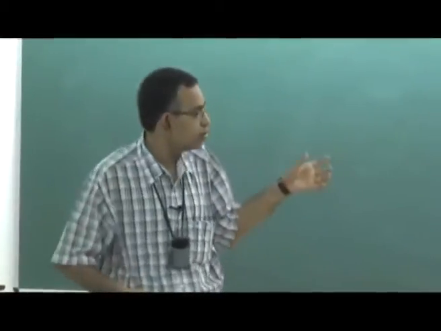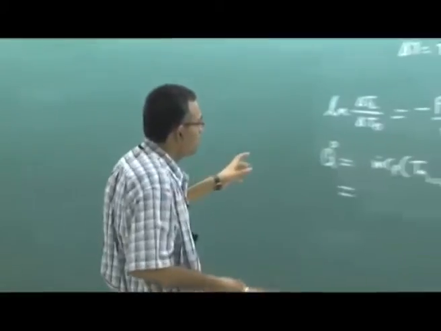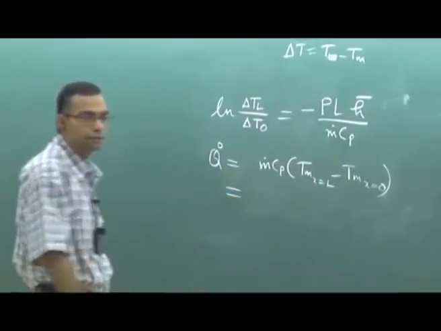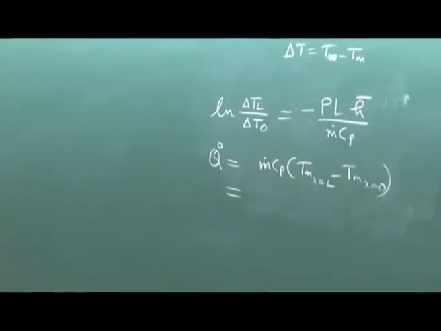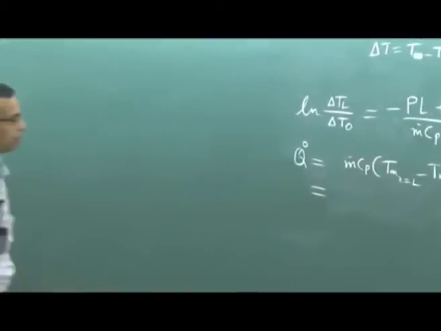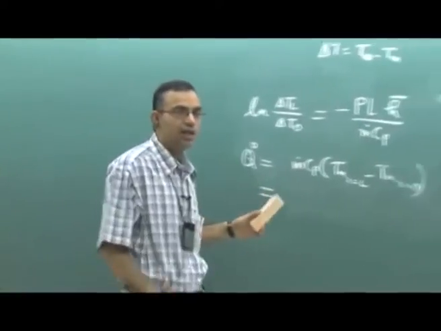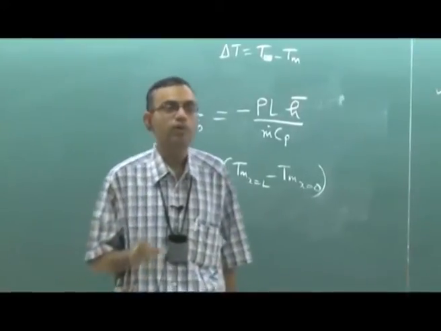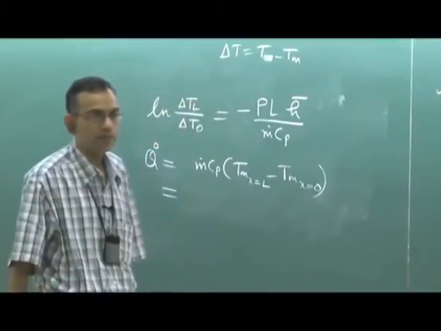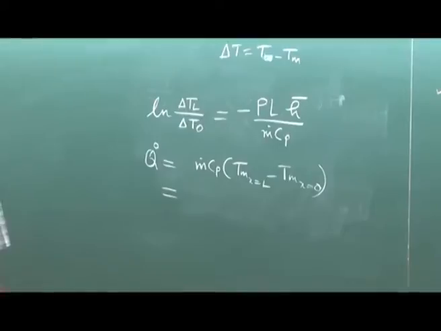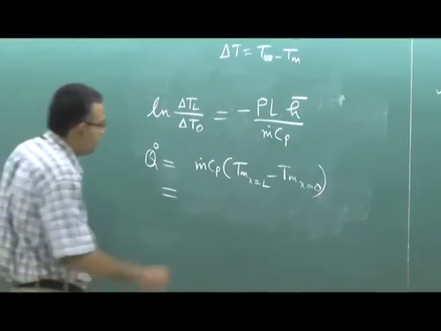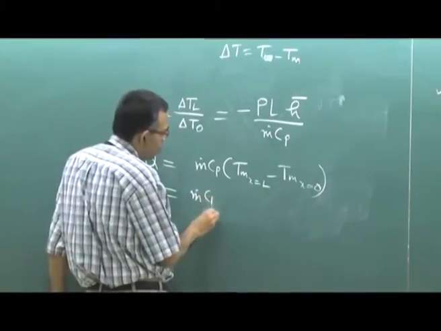So all the heat that is supplied is used to change this m dot Cp into T, that is m dot into H. Of course we neglect the changes in kinetic energy and potential energy. So you can write this as m dot Cp.